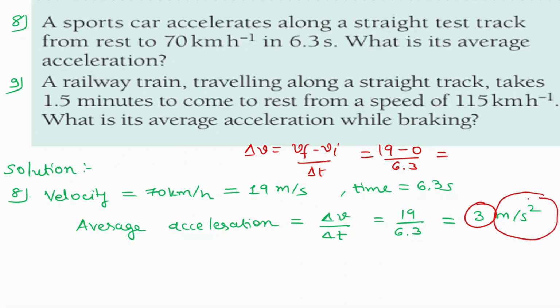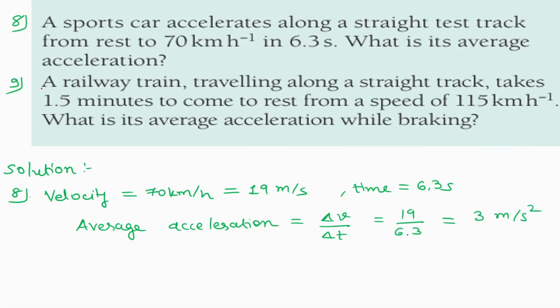Do not forget to write the unit of acceleration. The unit of velocity, or speed, is meter per second, but the unit of acceleration is meter per second square. Keep this in mind, and while doing questions, practice writing the correct unit.